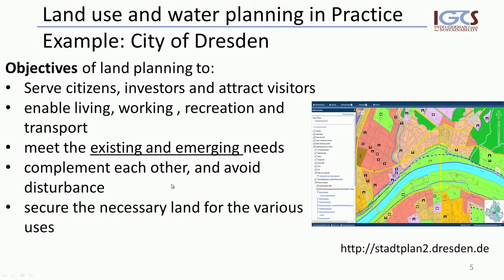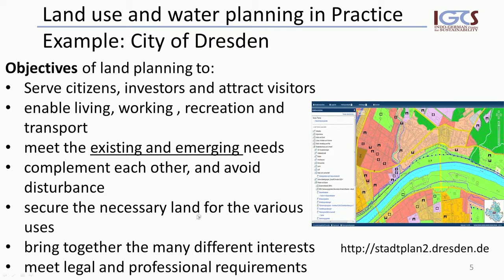And we should secure the necessary land for the various uses. We should also bring together many different interests, and it should meet legal and professional requirements. Not all may see it as important to bring together many different interests. Sometimes we may just focus on favoring certain industries, for instance, which bring along certain people and interests together.